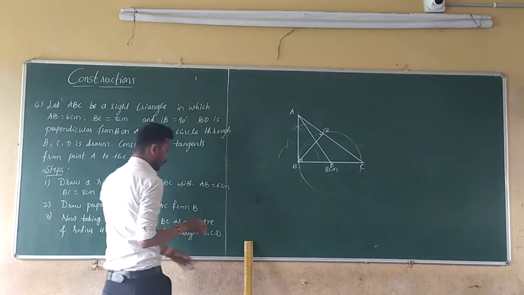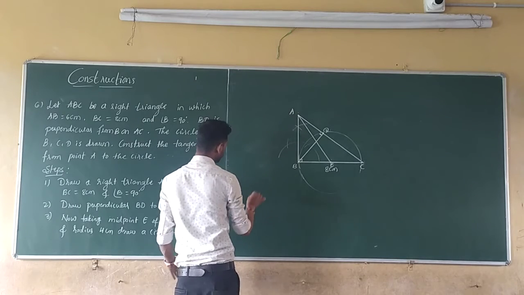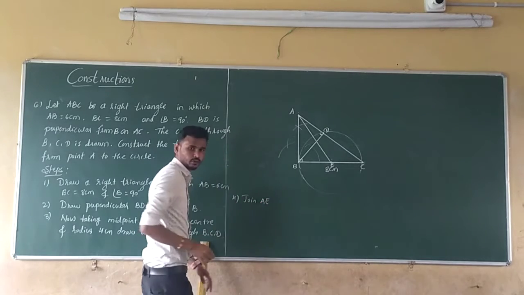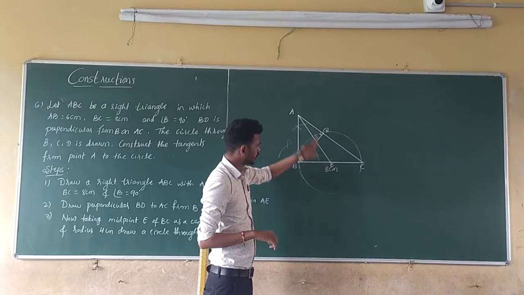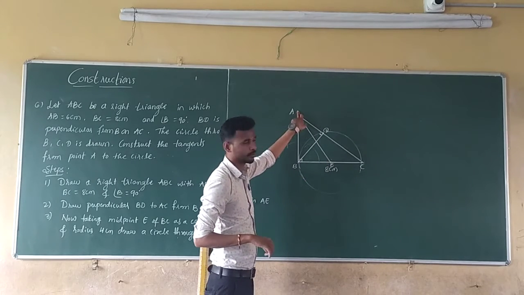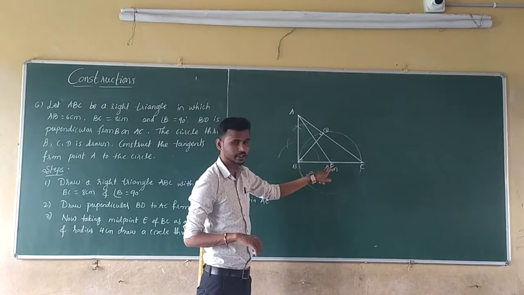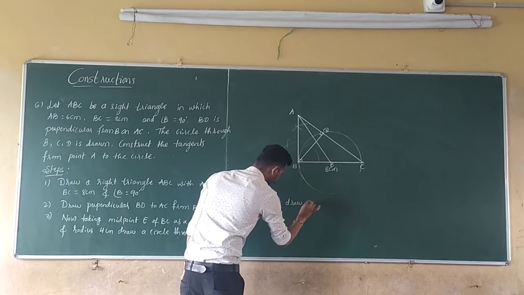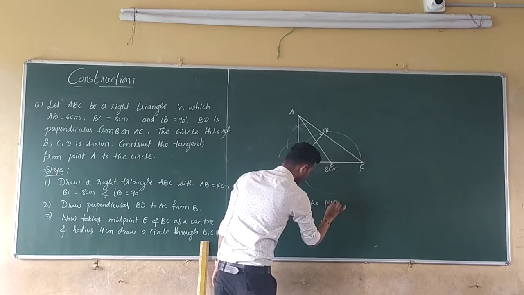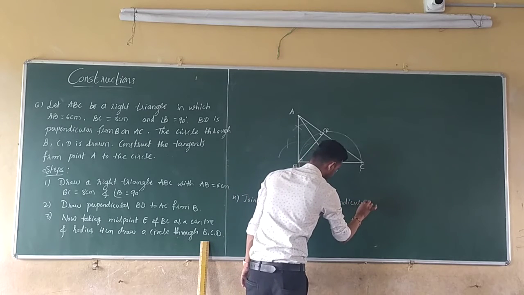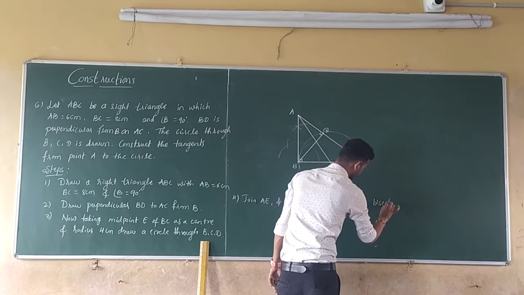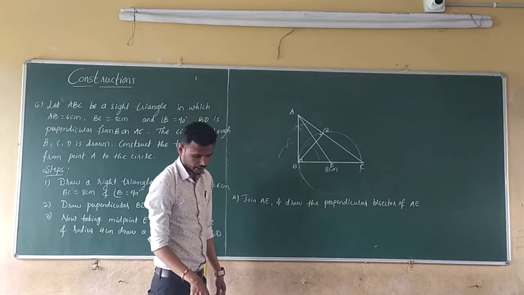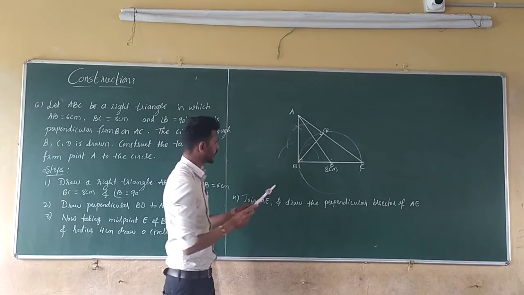So the fourth step is, join A, because we need to draw tangents from A. This is the center of the circle and this is an external point, so you need to join the external point to the center. So join AE and draw the perpendicular bisector of AE.